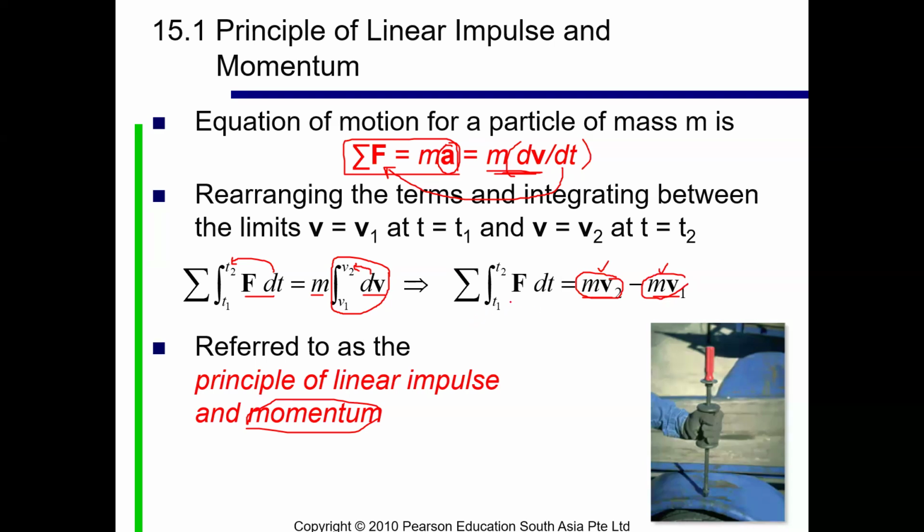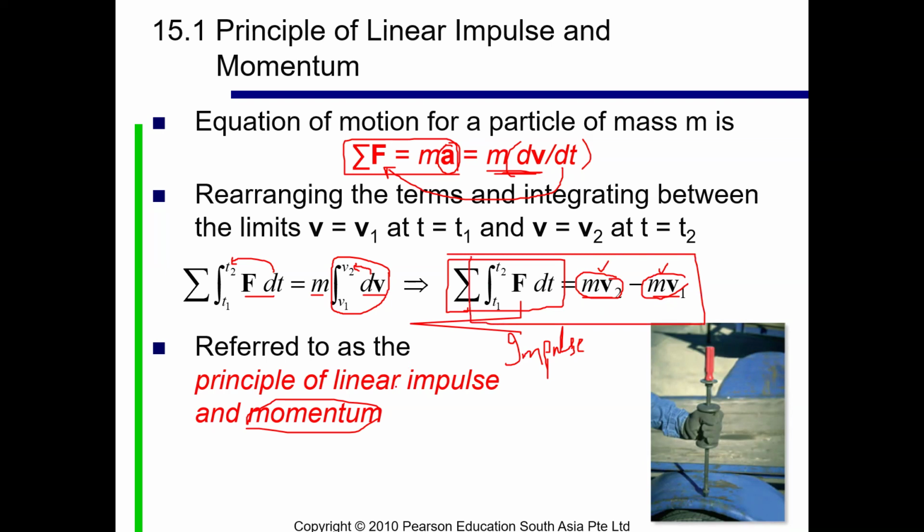And students, this side, when you have a force as a product with time, is called impulse. This side is impulse, and this side is the difference in linear momentum. So this equation is collectively called the principle of linear impulse and momentum.